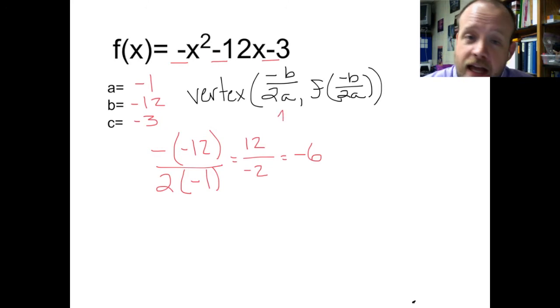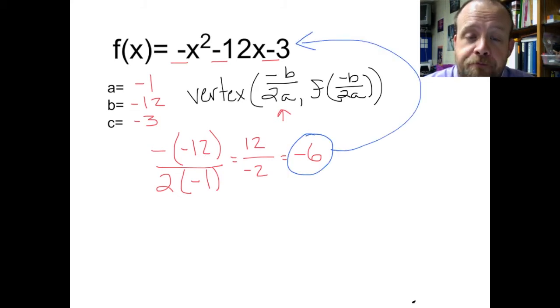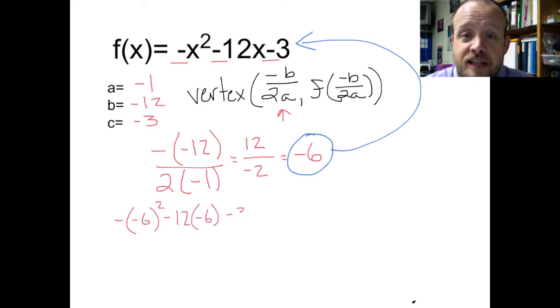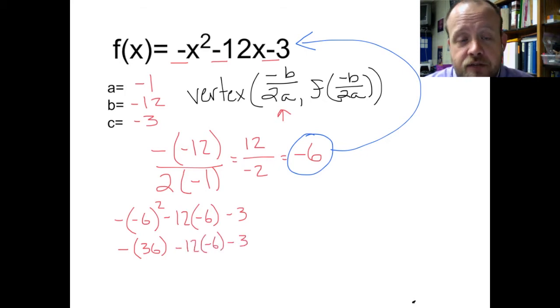Now, we need to take that x coordinate and put it back into our original equation. So let's work that out. Negative of negative 6 squared minus 12 times negative 6 minus 3 gives us the negative of 36, which is negative 6 times negative 6, minus 12 times negative 6 minus 3, which gives us negative 36 plus, remember negative times a negative is a positive, 72 minus 3.